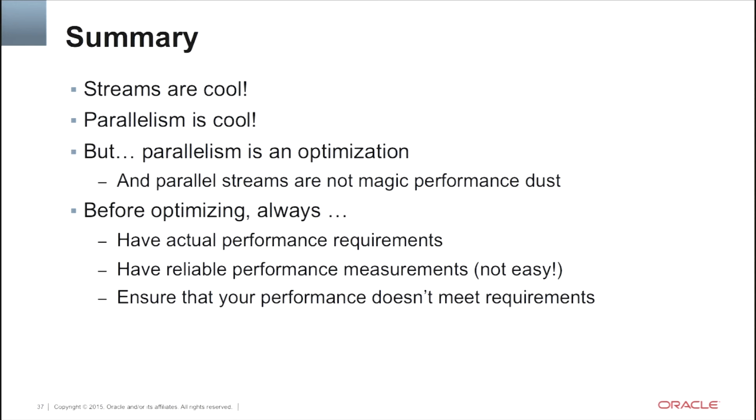I will. Okay. Got a question over there in the black shirt. Do you think it would be possible for the language to determine when to parallelize rather than the programmer? So the question is, is it possible for the language to determine when to parallelize? A couple of things have to happen. First of all, the language has to be able to determine that it is safe to parallelize.